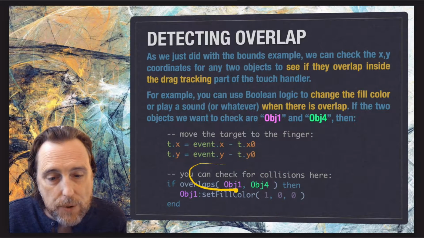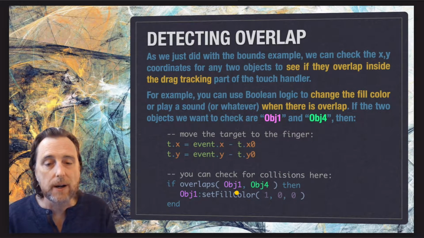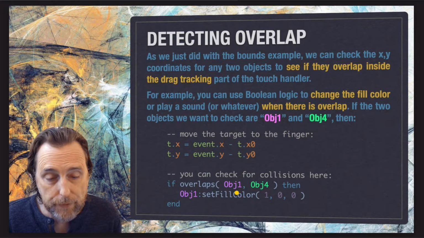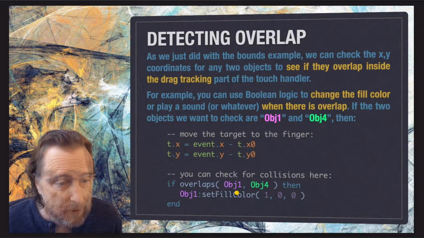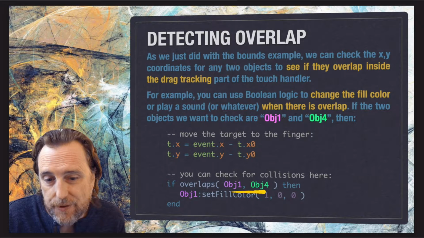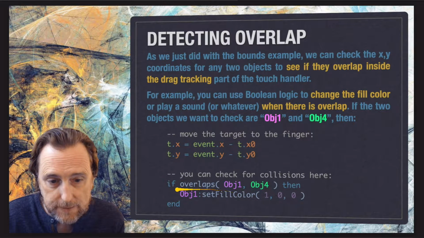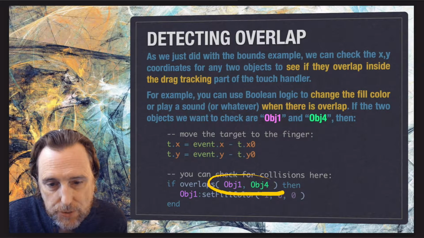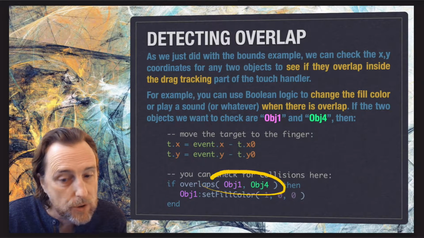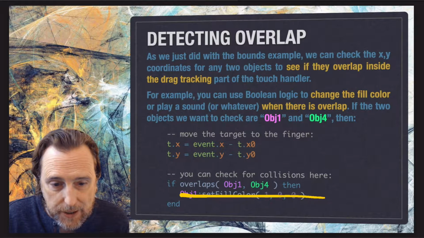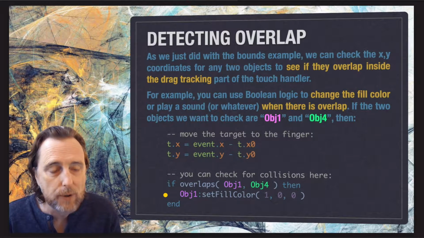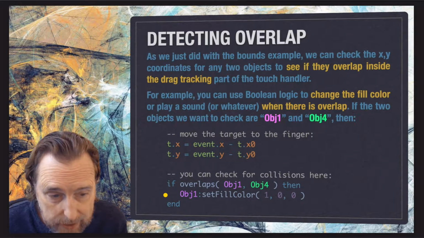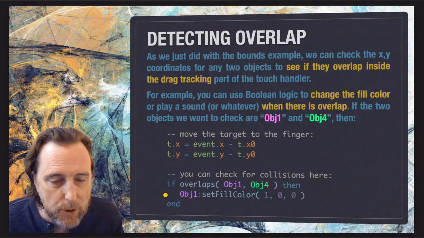So if I have two objects in my stack, object 1 and object 4, and I'm dragging one or both of them around, then I can check to see if there's any overlaps by calling my overlaps function and passing it the two objects I want to check to see if there is overlap. And all this is doing here is saying, hey, if overlap occurs, then change the fill color, in this case to red, to show you that we have some overlap.